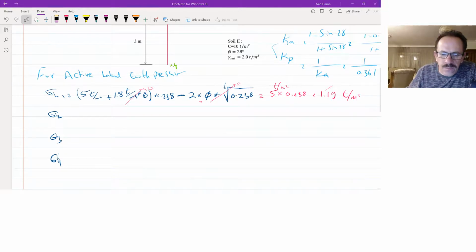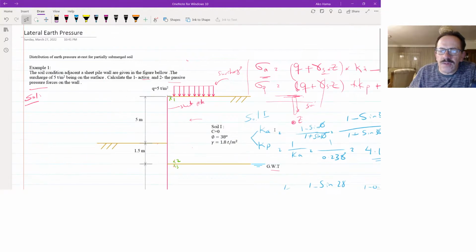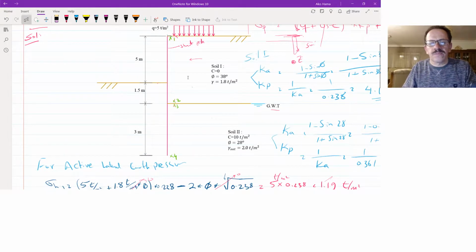So at this point, I can say the pressure will be 1.19.